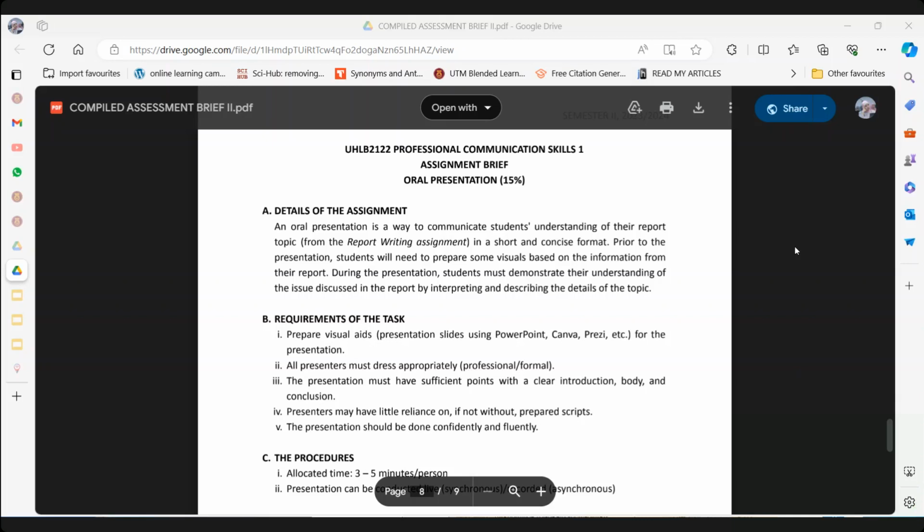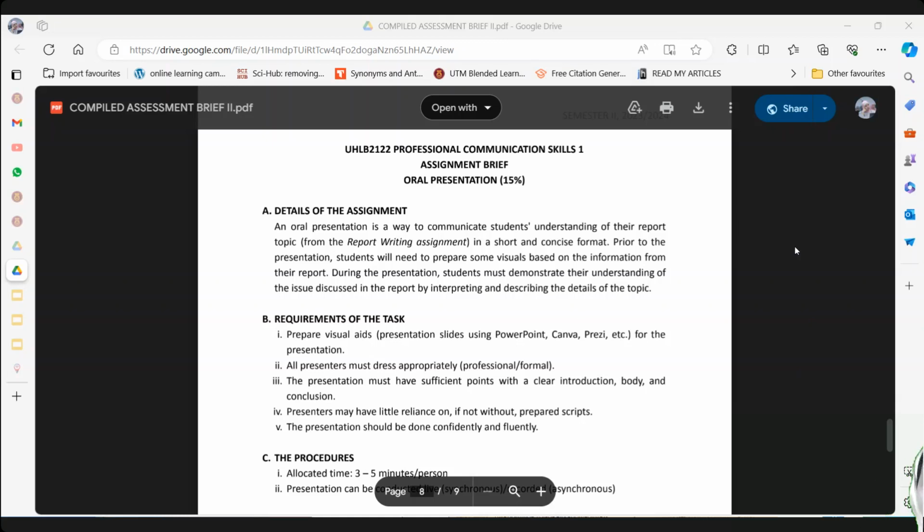Regardless of what your visual aid is, you need to have your visual aids during your presentation. Remember, the word is visual aids, meaning aids is assistance, it's just a help. You cannot rely 100% on just reading your visual aid.